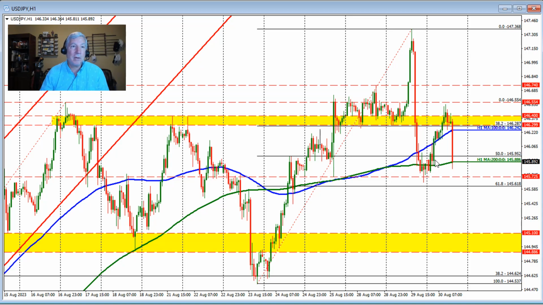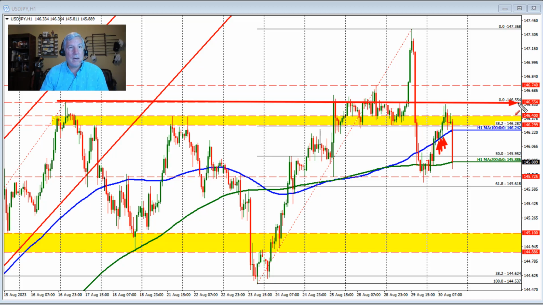In today's trading, we saw the price start to move higher in the Asian session, get back above the 100-hour moving average and find support buyers against that moving average here, here, and here, pushing the price above this swing area and up toward what was fairly a swing level up here near the 146.554 level, and we found willing sellers against that level.